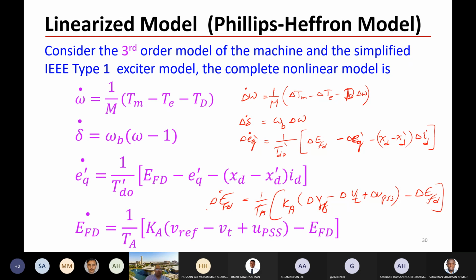But when we say linearization, we need to express the nonlinear equations as x dot equals Ax plus Bu. And what is u here, for this standard format for the state space representation of the linearized model?